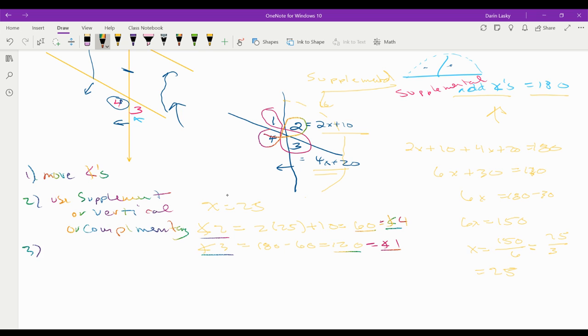And then step 3, solve for x, then find angles. Okay, so move your angles, use supplementary, vertical, or complementary, solve for x, and then find angles.